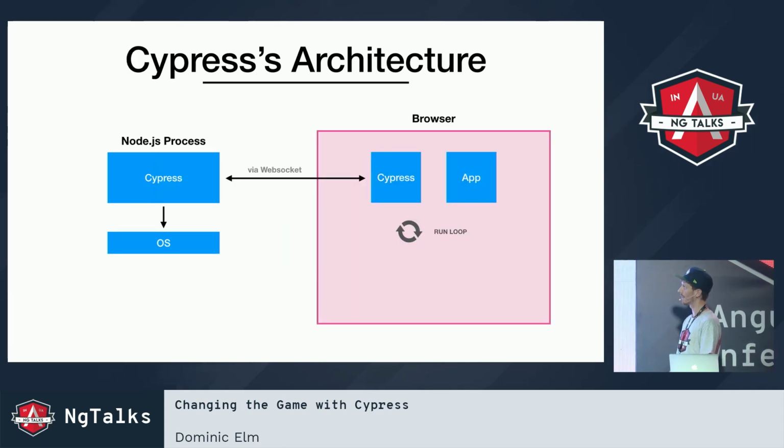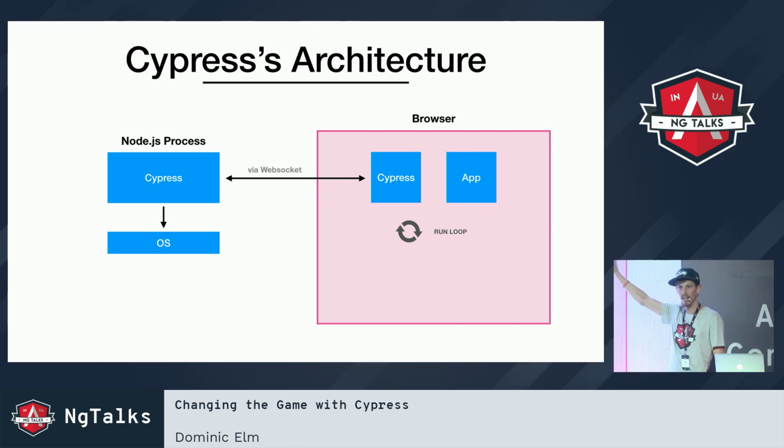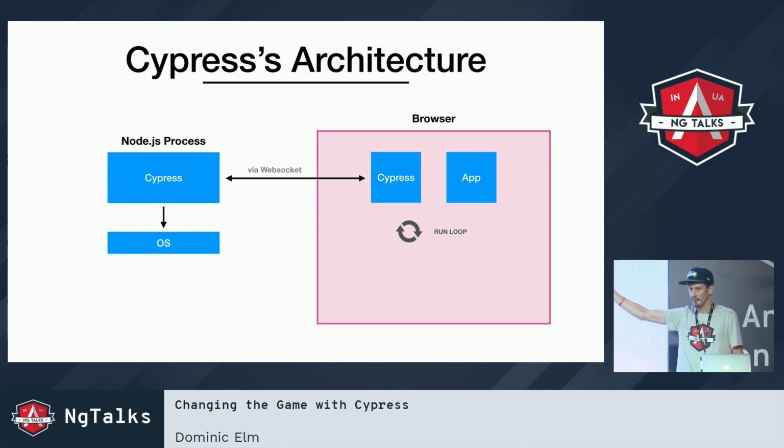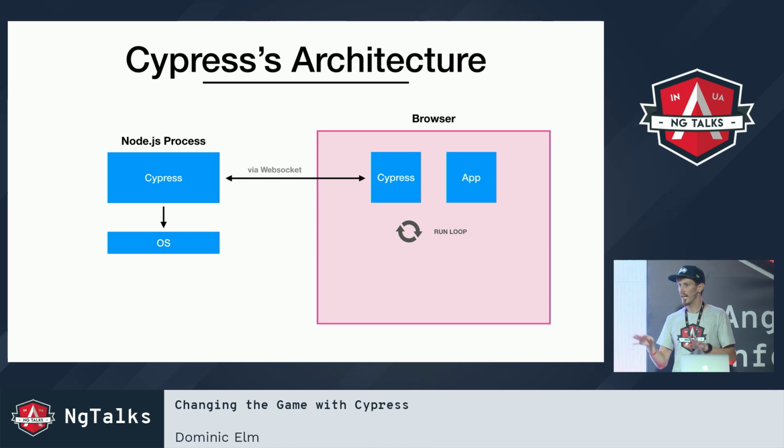This is what Cypress looks like. Cypress has 2 instances, and unlike most tools, it runs inside the browser. Cypress sits inside the browser and runs in the same run loop as our application. And then there's another instance, which is a Node.js process, and they both communicate constantly and perform tasks on behalf of each other.